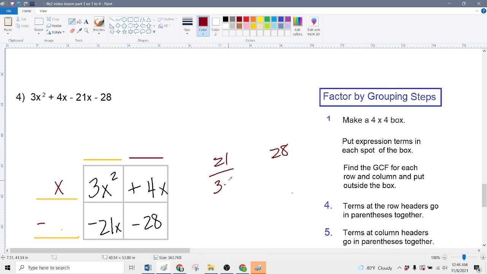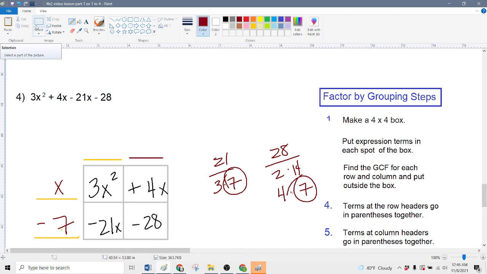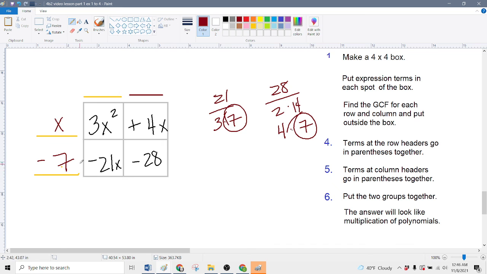We'll go right to that 3 and 7. We'll skip the 1 and 28 here and go straight to our 2 and 14. And then, of course, it also has a 4 and 7. So we can see that 21 and 28 both have factors of 7. No variable on this second one, so we'll go ahead and leave it as just the minus 7, okay?